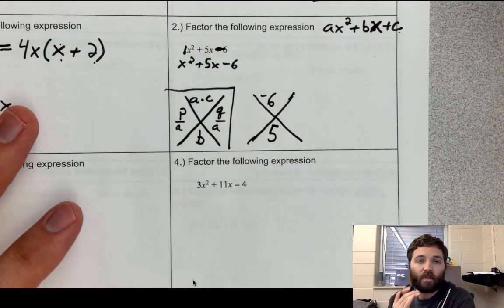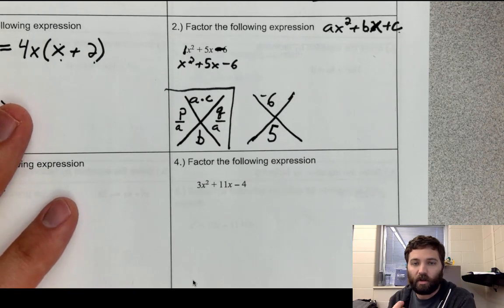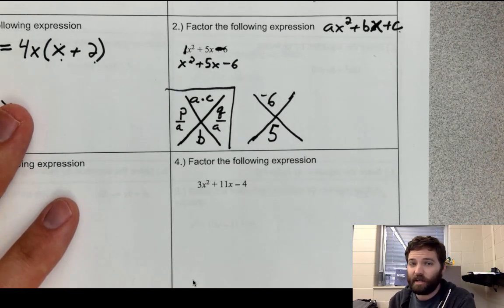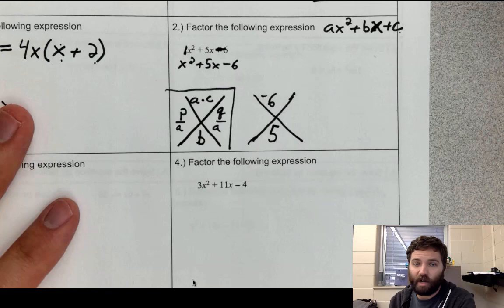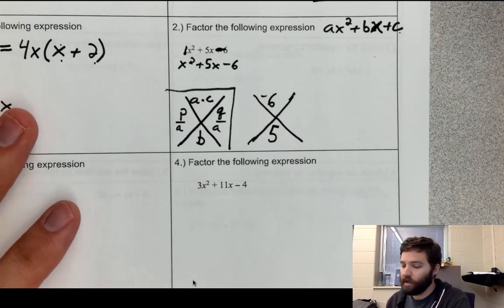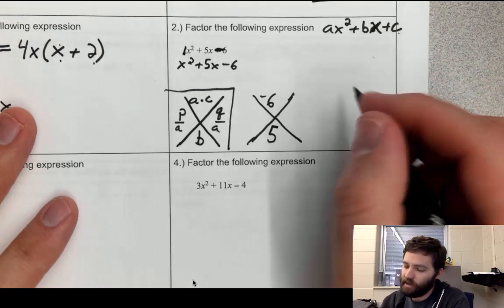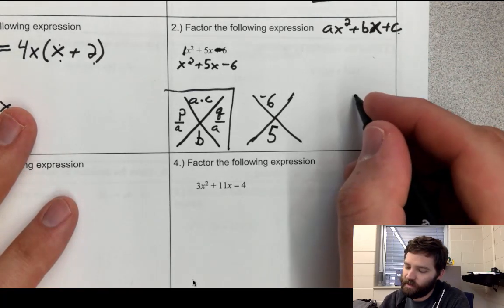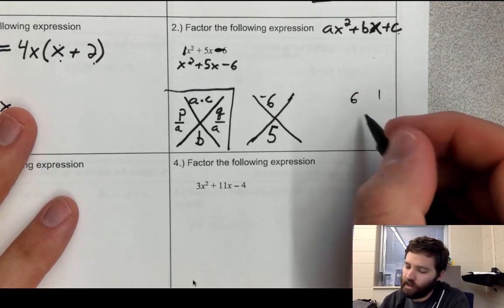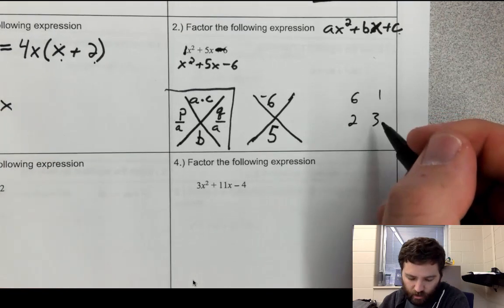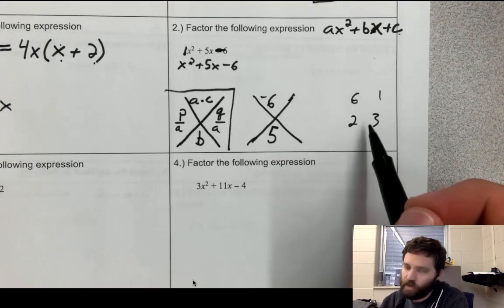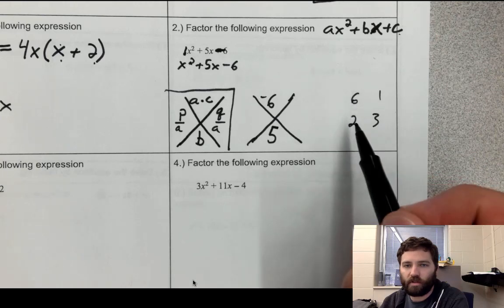So the question is, what are numbers that multiply to give me negative 6 but combine to give me 5? If I want to do that, I'm going to make a little list out here. Numbers that multiply to give me 6 are 6 and 1, and 2 and 3. Now which one of these combines to give me 5?